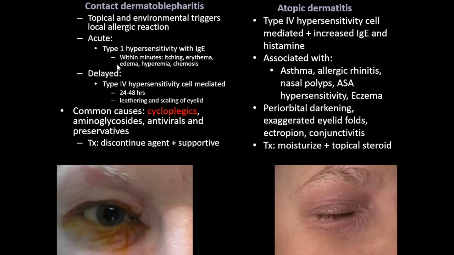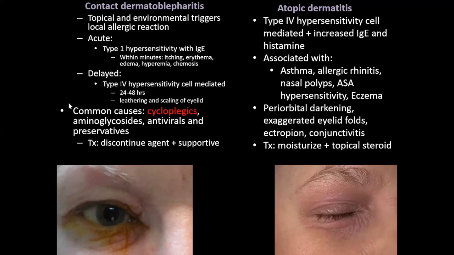So typically, it's a type 1 hypersensitivity reaction, which is mediated by IgE elaboration by mast cells. The typical clinical features are itching, erythema, edema, hyperemia, and chemosis.